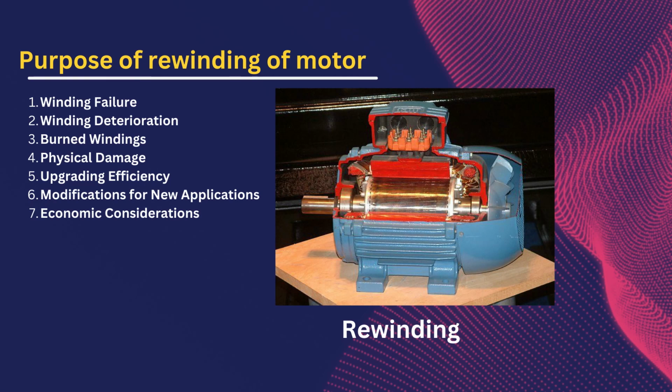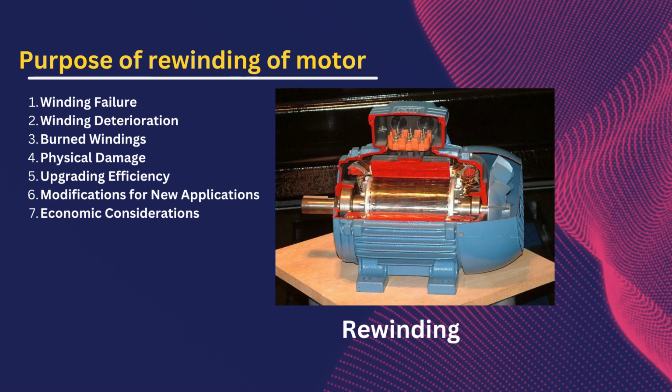Second is winding deterioration. Over time, the insulation on the motor windings can degrade due to factors like heat, moisture and mechanical stress. As the insulation weakens, the motor's electrical performance may suffer, leading to reduced efficiency and reliability. Rewinding involves replacing the deteriorated windings with new, properly insulated ones.